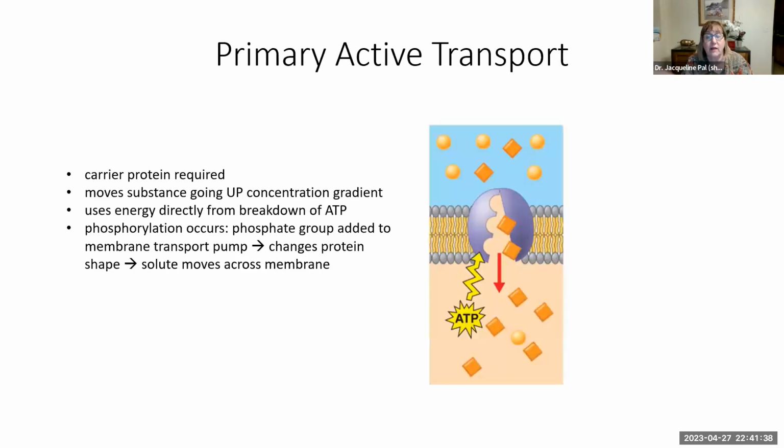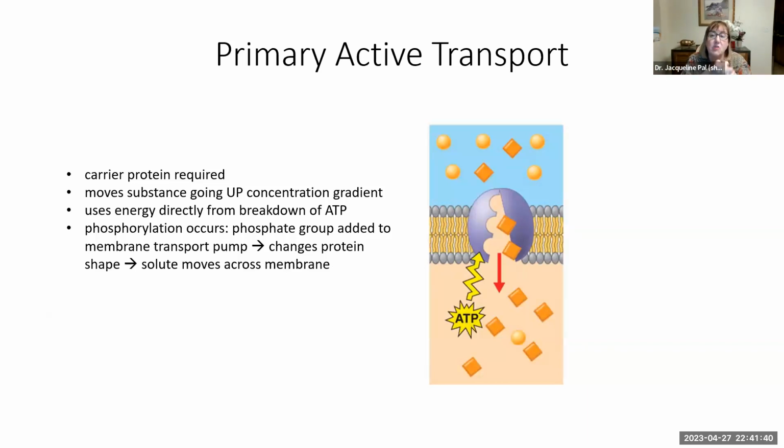All right, now let's talk about some active processes. And I don't want to talk about movement of big molecules that undergo phagocytosis and pinocytosis and exocytosis. I want to stick to things that are smaller molecules that are going to require active transport.